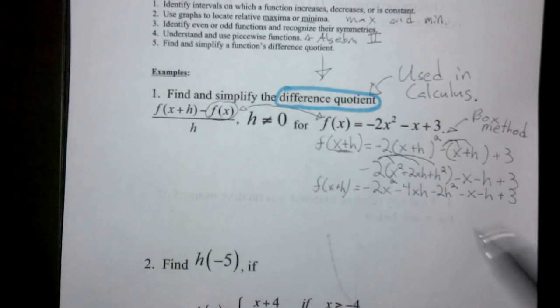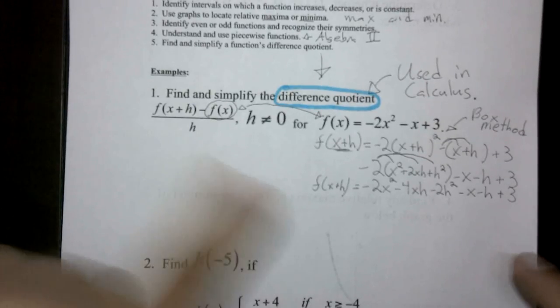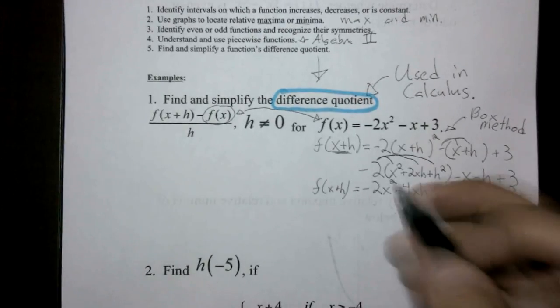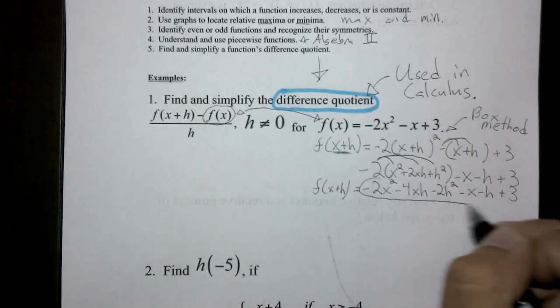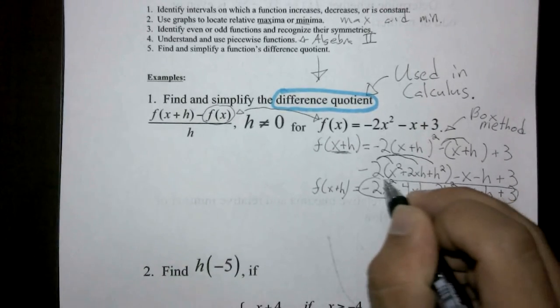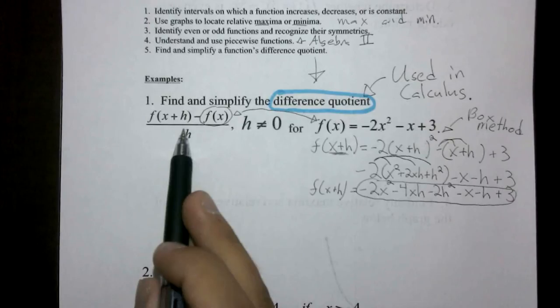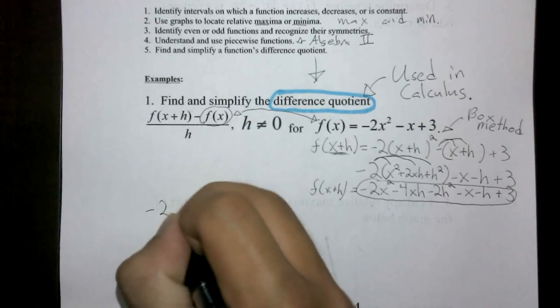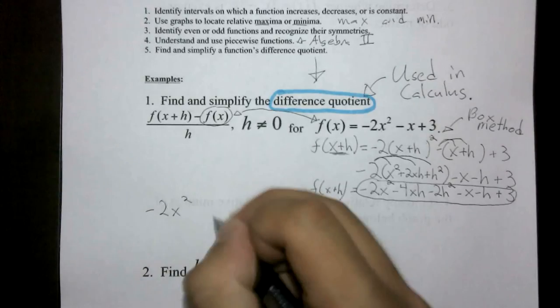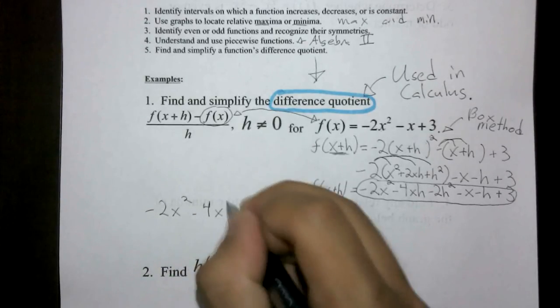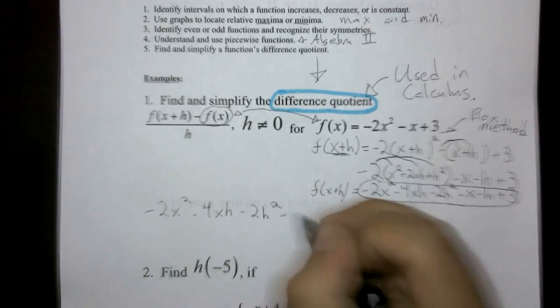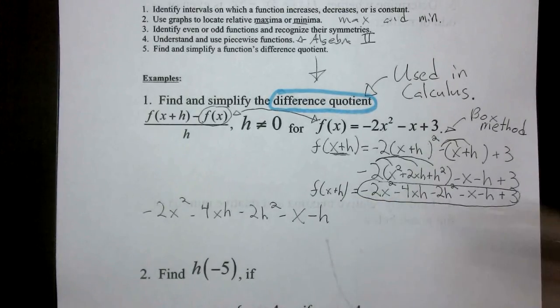But once you have this done, it's as if we're taking this back to the main difference quotient formula that we have up here. So if we take all of this and start to rewrite this quotient here, rewriting as is, we have negative 2x squared minus 4xh minus 2h squared minus x minus h plus 3.